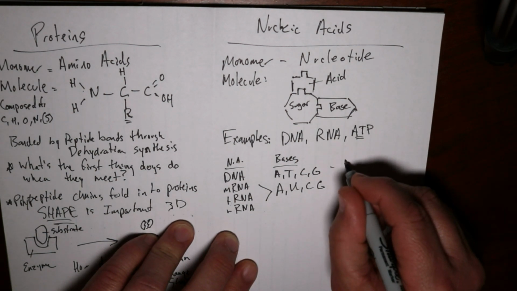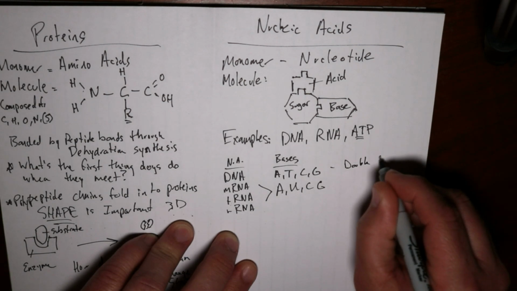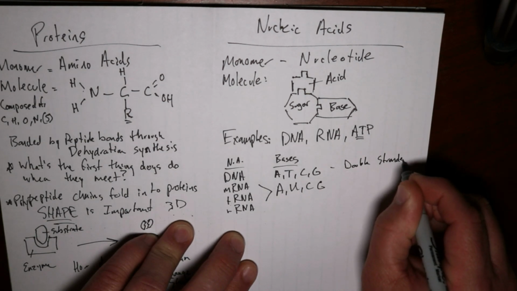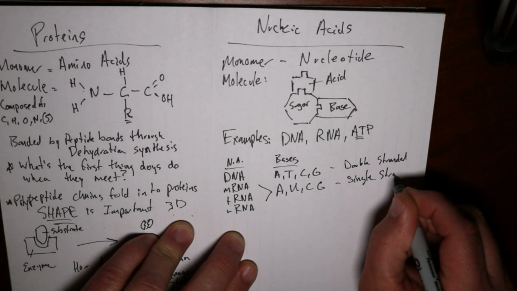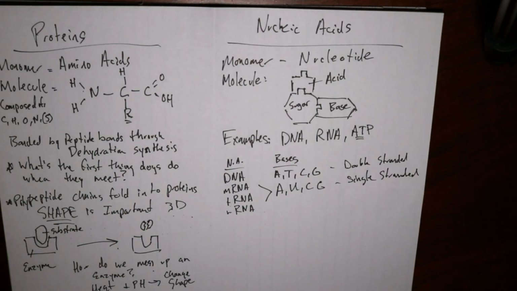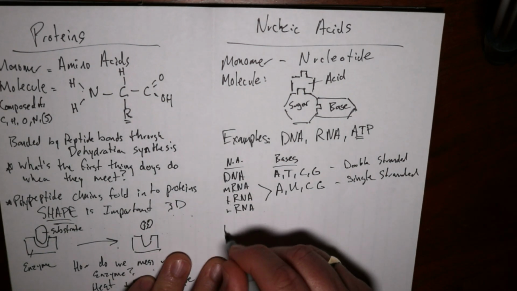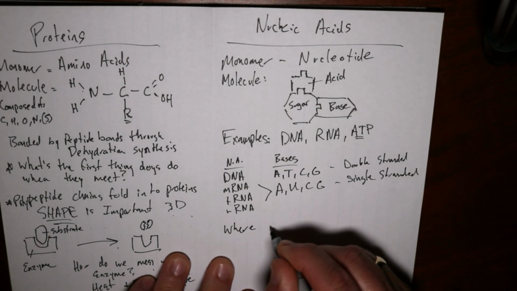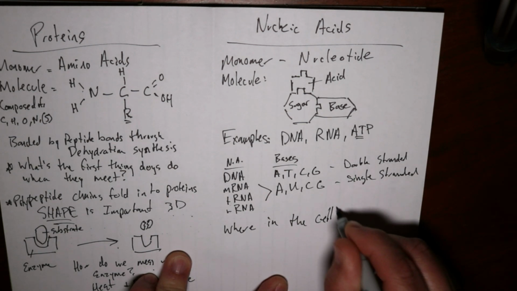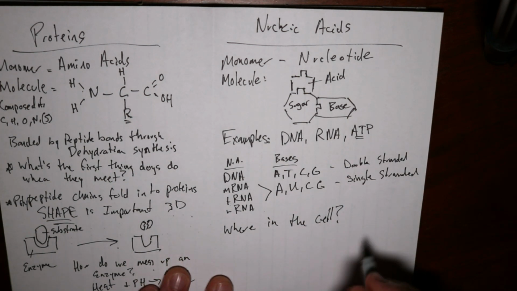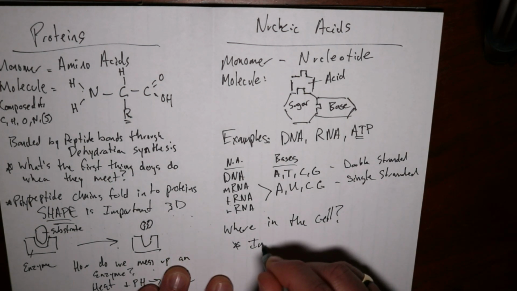We could also write that these are double-stranded, and these are single-stranded. All right? And that's really what we need to cover. I think we got to ask our kind of grammatically incorrect, where in the cell, are these located? So let's say they are first in the nucleus.